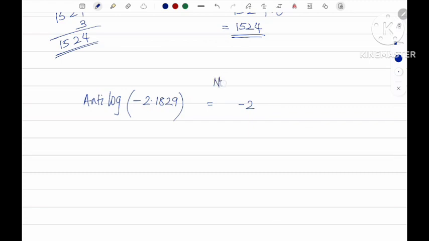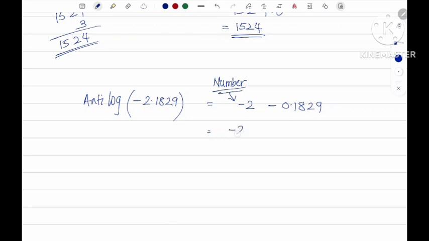I'm writing number: this is the number for which we want to find the antilog. Now this will become the characteristic, and this will become the mantissa. But we know from our previous lectures that mantissa is always a positive number and less than 1.